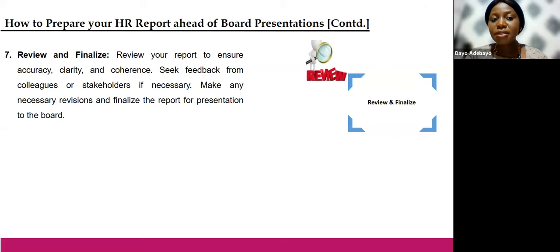Then seek feedback from colleagues or other stakeholders if necessary. You might need to speak with other people. Like I said earlier, it's not everybody the board members want to see. They usually want to see the finance person first, then the HR person, and audit and risk.